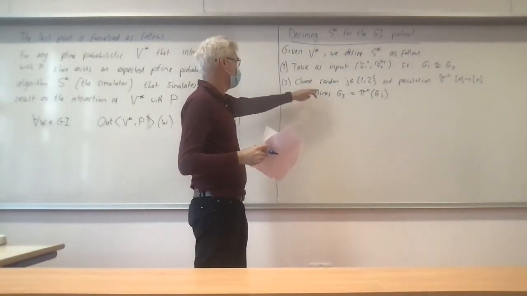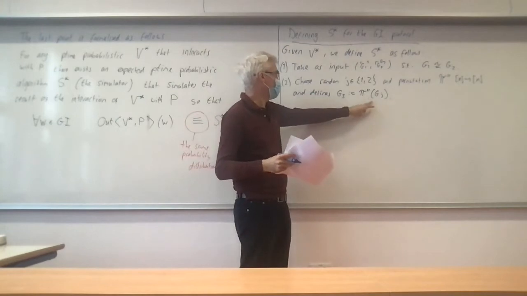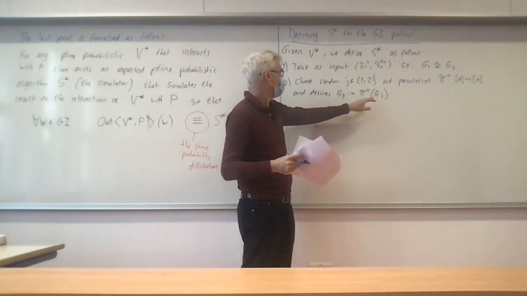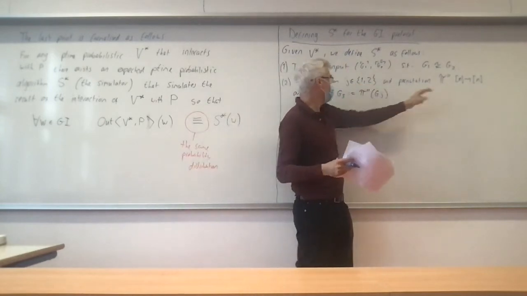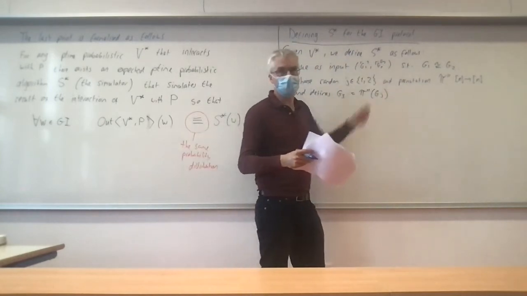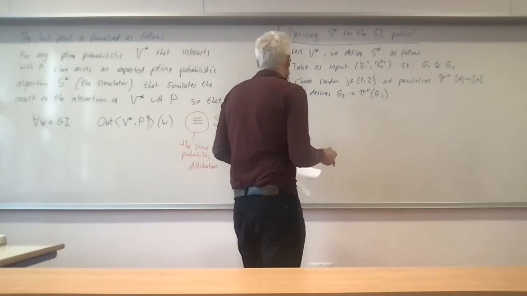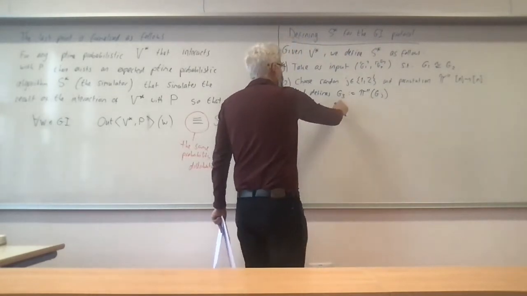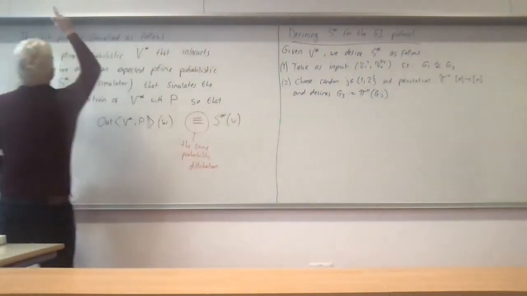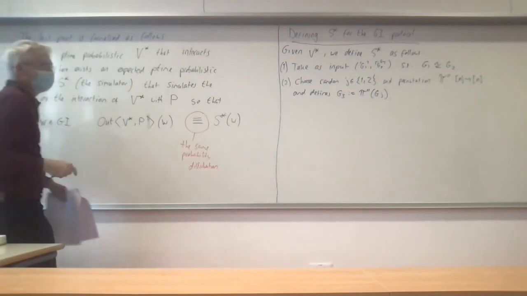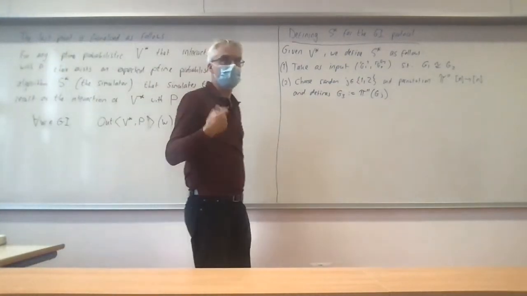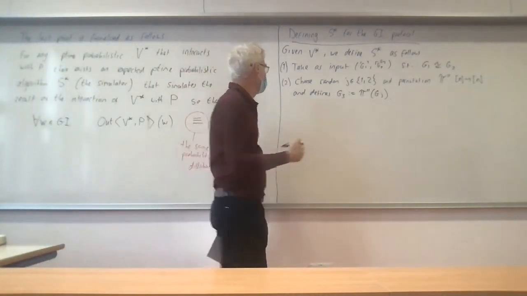So S star randomly permutes, according to a random permutation, one of the two graphs. It then gives G3 as input to V1, sorry, as input to the verifier for round 1.